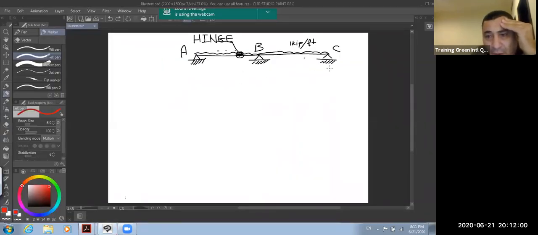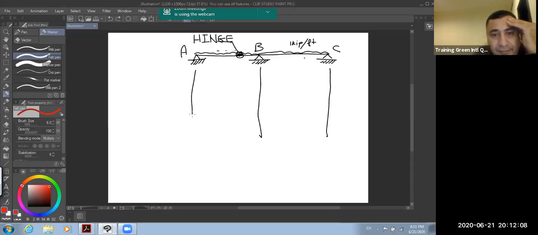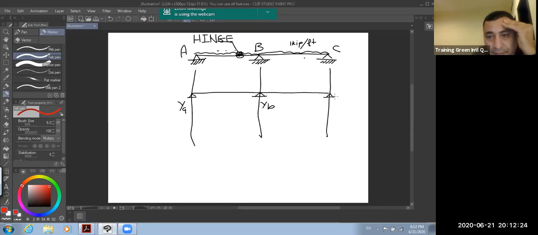Let us draw our shear force, let us draw our free body diagram. YA, YB, YC.